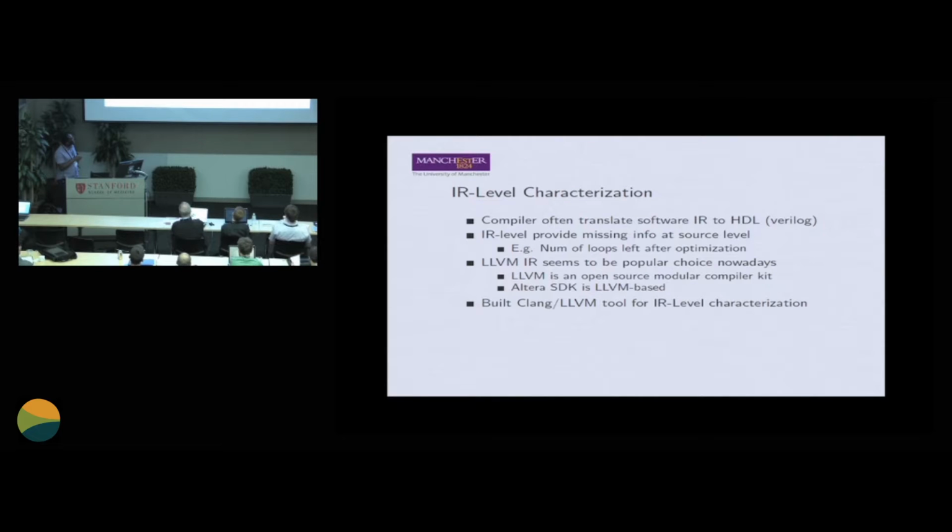One of the advantages of characterizing at this level is that for loops, which compilers pipeline, for some applications you can simplify away some of the loops. For some, you even create more, because you don't want complex loops, but you create more loops that are simpler. The Altera SDK, as far as we know, is based on LLVM. So we built a Clang/LLVM tool that does characterization at the intermediate representation level.